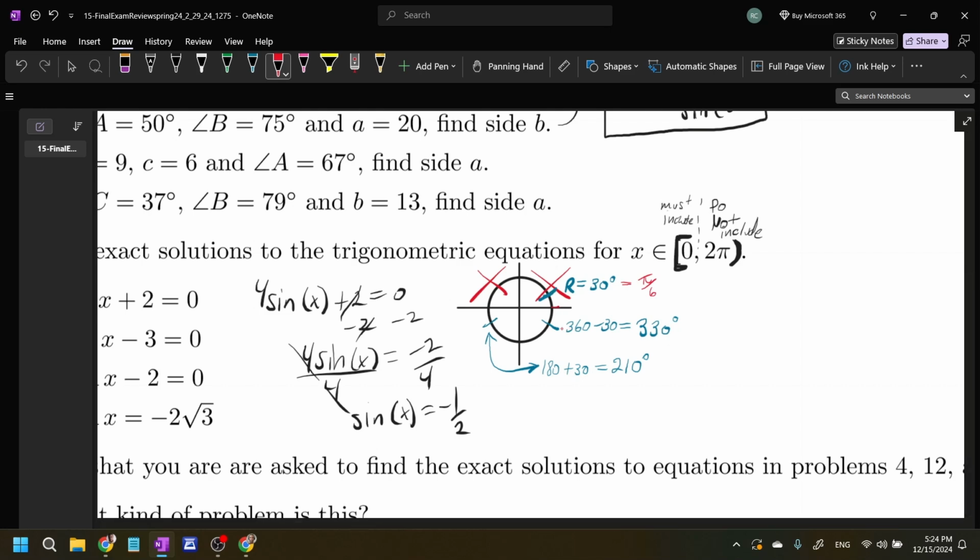The angle we want in quadrant 4 is 360 minus 30, and 360 is 2 pi. So we're going to do 2 pi minus pi over 6. This must be written as 2 pi times 6 over 6, so we have the same denominator. 2 times 6 is 12, minus 1 is 11, so that's going to give us 11 pi over 6. That's our first angle.